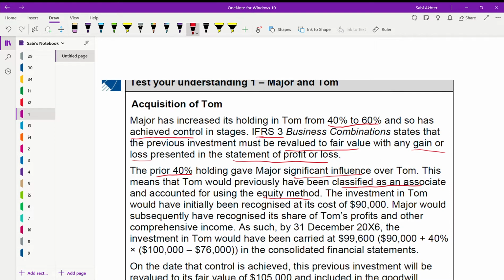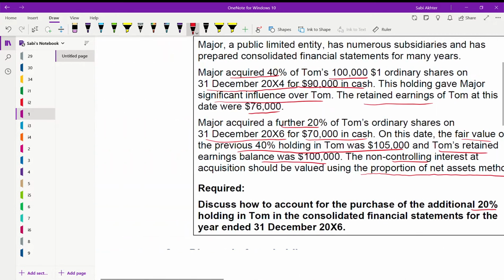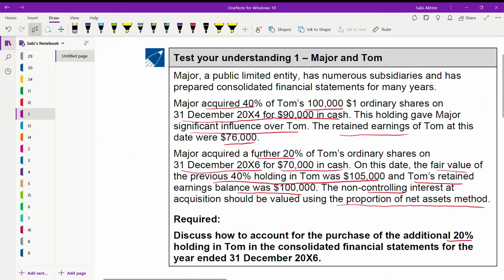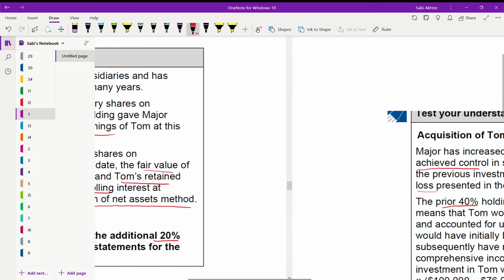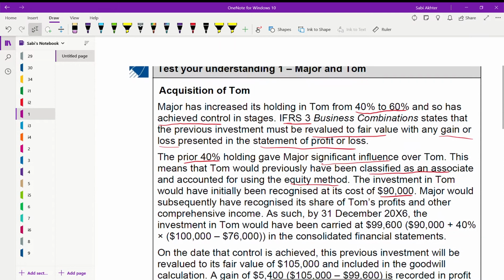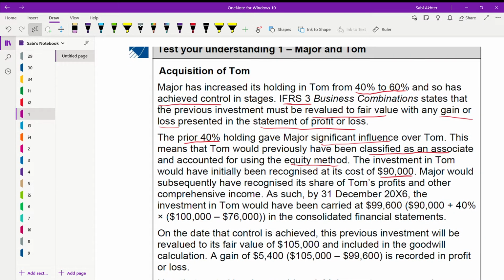Previously they have used the equity method and it was recognized at a cost of 90,000. That's the cost. Now, even though he's an associate, you have to recognize its share of profit, right?